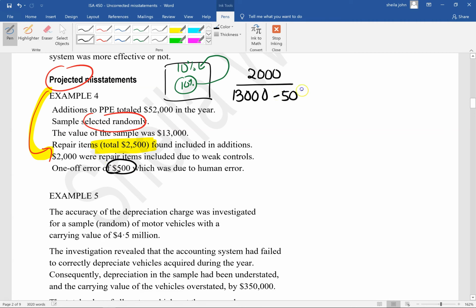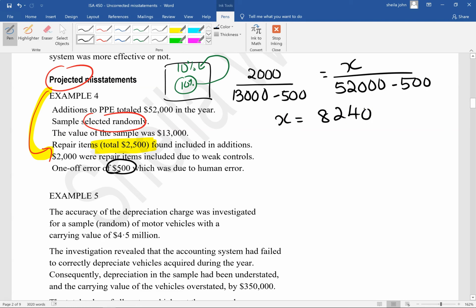Take it out, so we're not going to include it in our projection to the population. That is equal to the misstatement that might be in the population divided by the value of the population. But for the value of the population, we're going to take out the 500, because the 500 was due to human error. So if you do the calculation out, X is equal to 8,240.